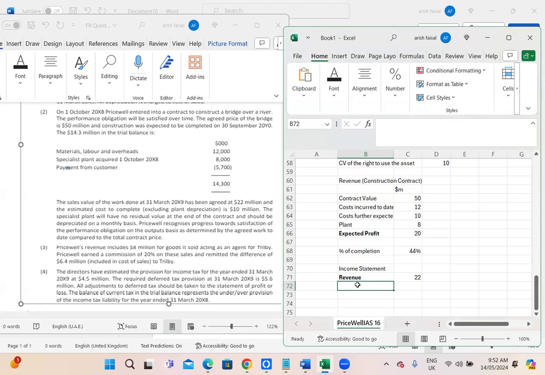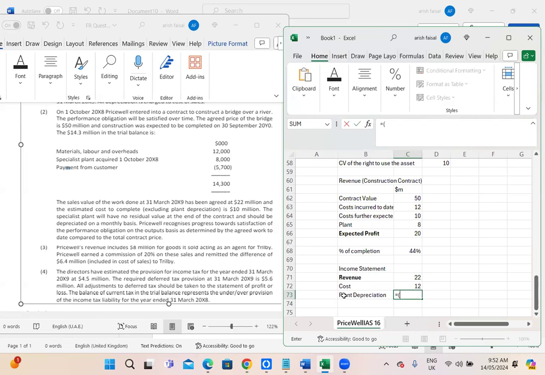Then as far as the cost is concerned, the cost what you have already incurred on this contract is 12 million, right? And there is also the plant depreciation which you have to record.